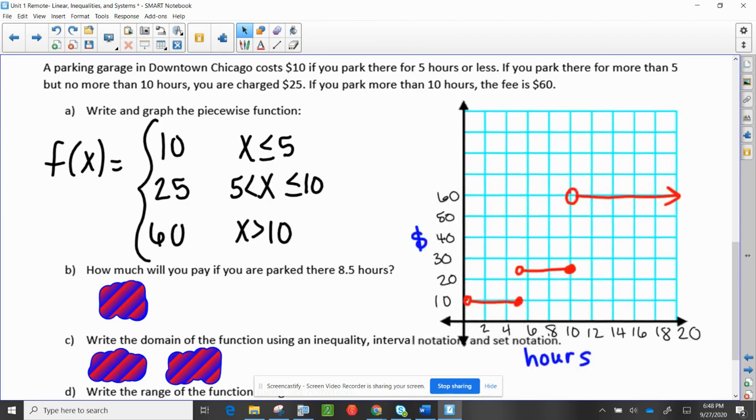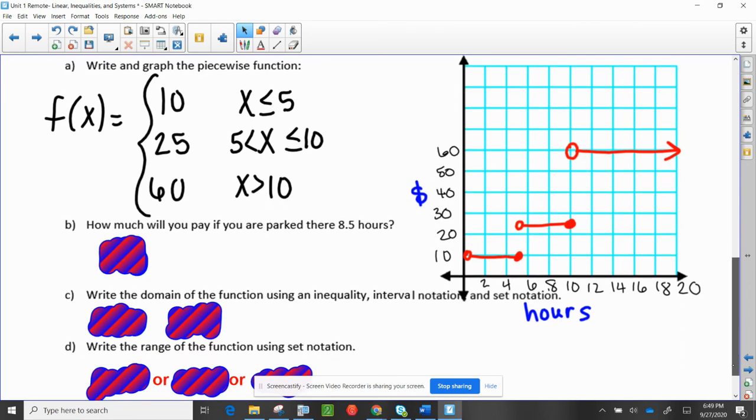Okay, here's what my graph looked like, and yours might look a little different if you did a different scale than me on your axes. So I went by 2s along my x-axis since we're going from 0 to 10. And then up my y-axis, I just went by 10s because I have from $10 to $60. And those are my steps there. So here's a question.